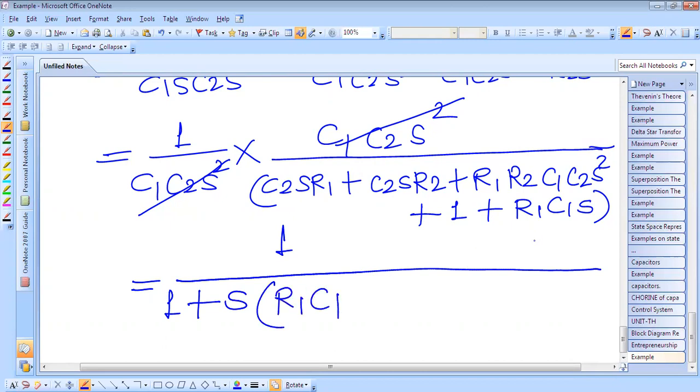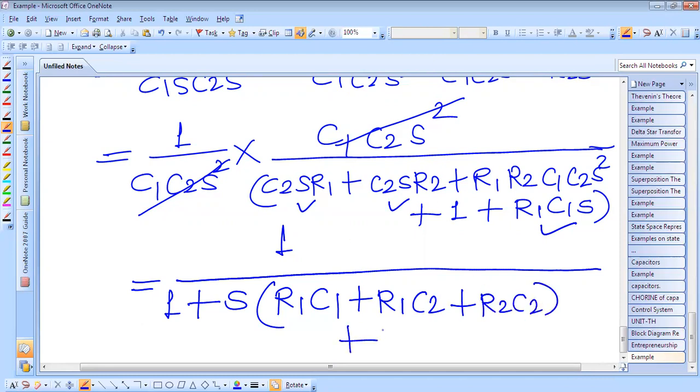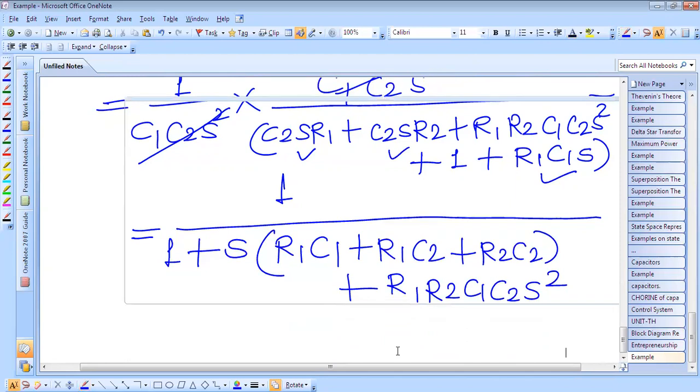R1 C1 from this term, then R1 C2, then R2 C2. We have taken S outside. Next is R1 R2 C1 C2 S square. Okay. So now this is your transfer function.